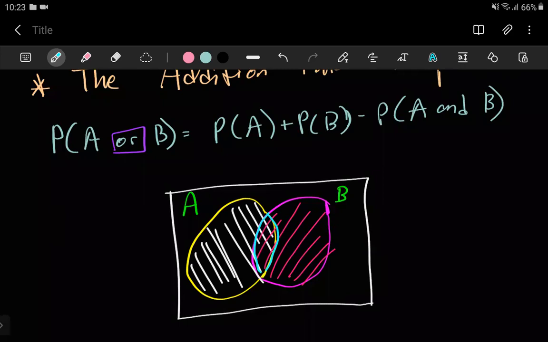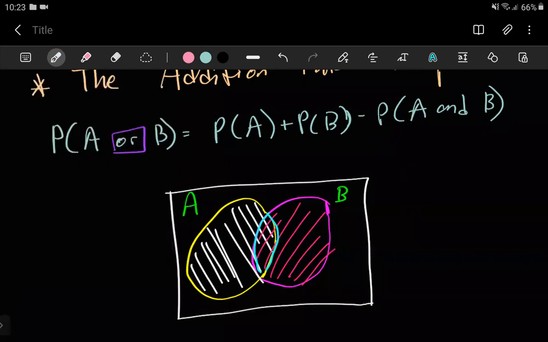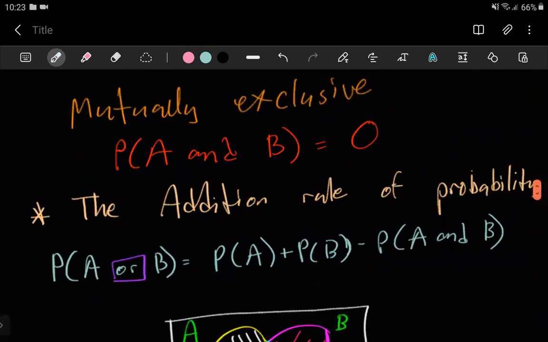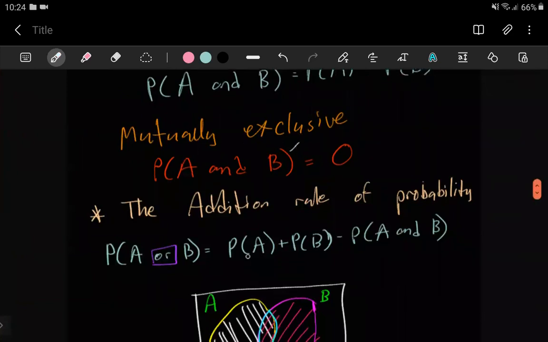Now that formula is on your formula sheet, you see. And this formula basically allows you to also work with your other formulas. For example, if you need this probability here, you could get it in this formula because there's a place for it here.